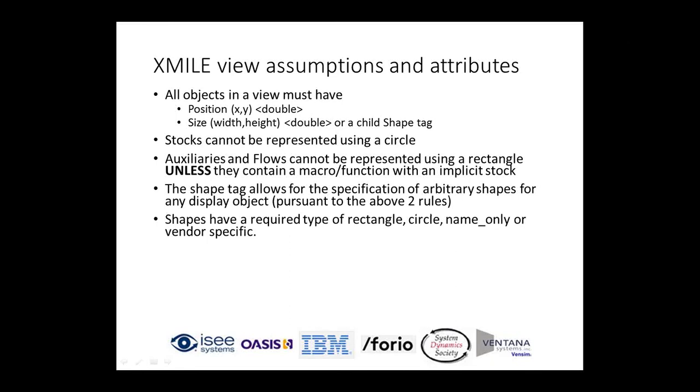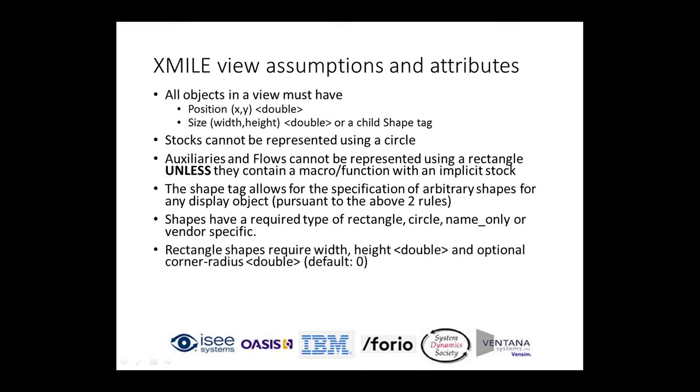Shapes have types. The most basic type is a rectangle type. We also have a circle type. We also have this special type called name only, and that's what allows us to specify an auxiliary, for instance, by only referring to its name. There is no circle, there is no square, there's just the text, and the connector arrows point to and extend from the text.